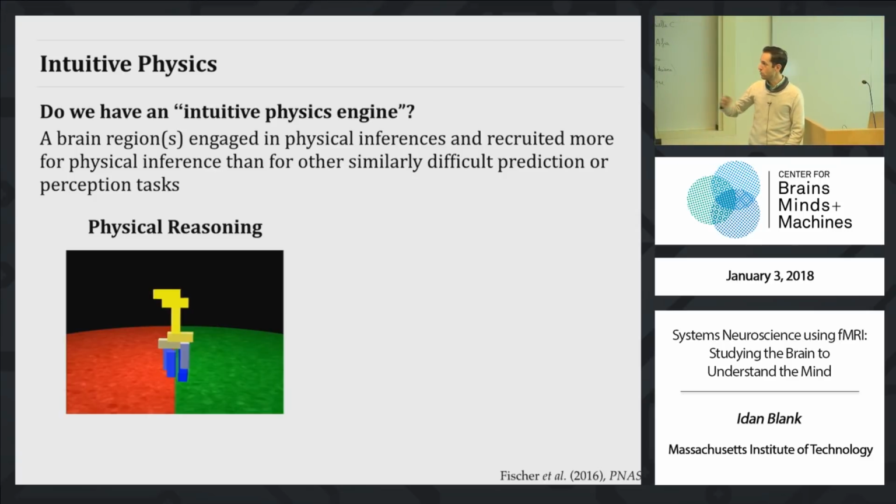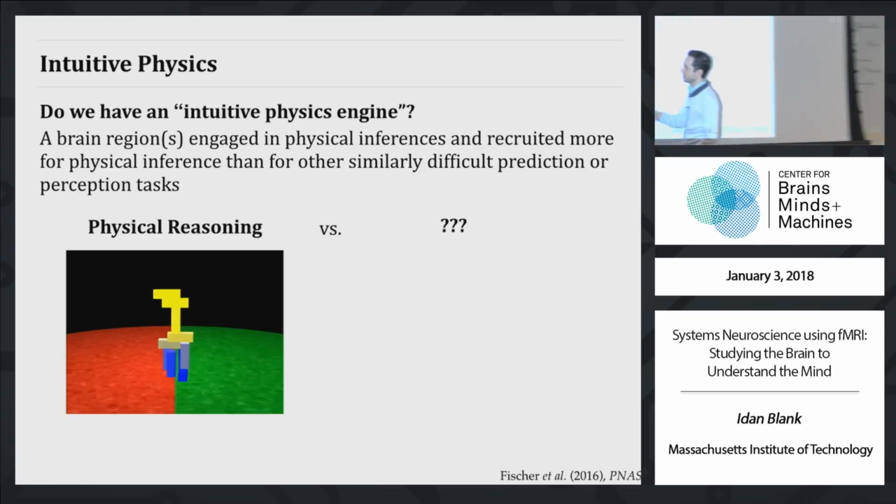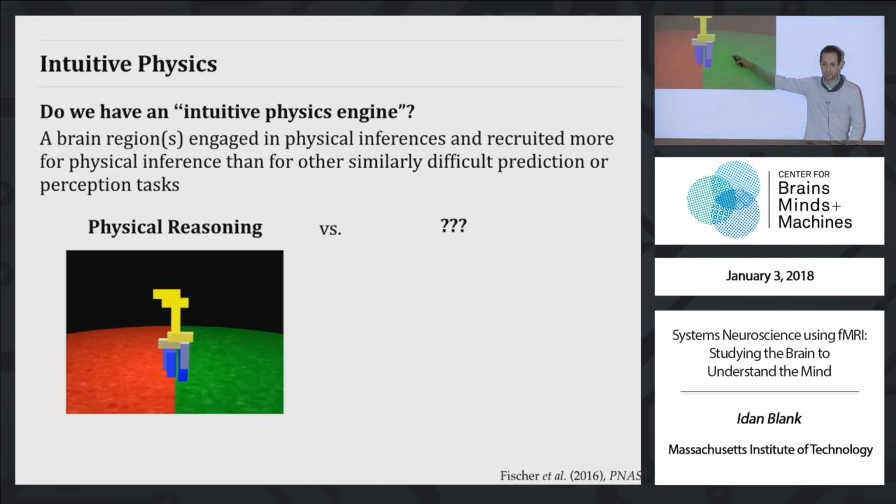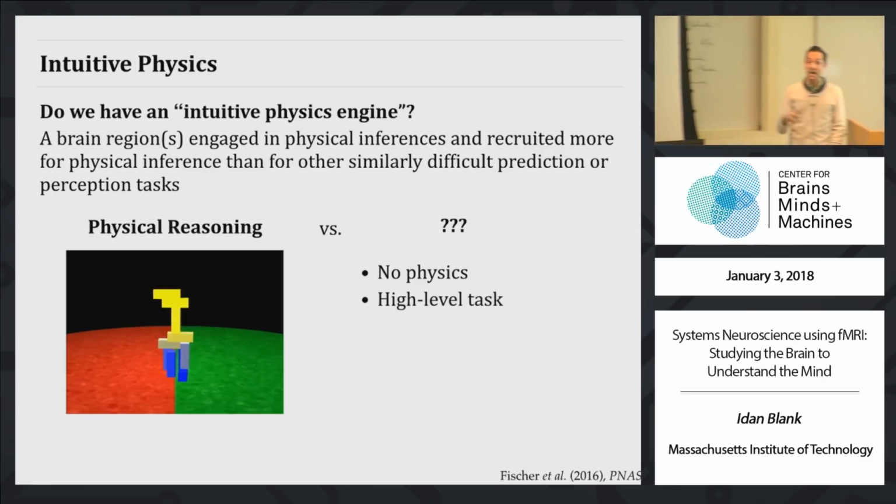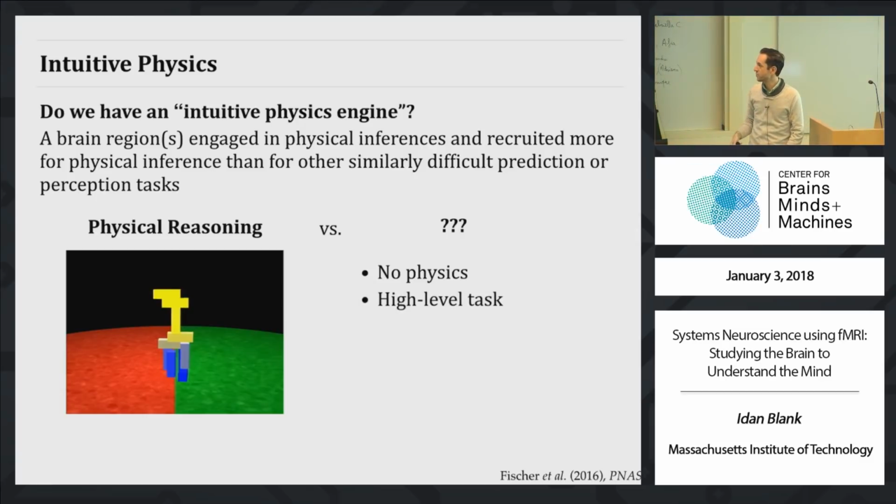And so we need a control condition or a baseline. And this baseline needs to have as many things in common with this as possible, except for physics. So imagine trying to develop a task that is as similar as possible without physics. So for example, we want a task where it's a high-level task. It's complicated. It's not something simple like telling whether something is red or green.